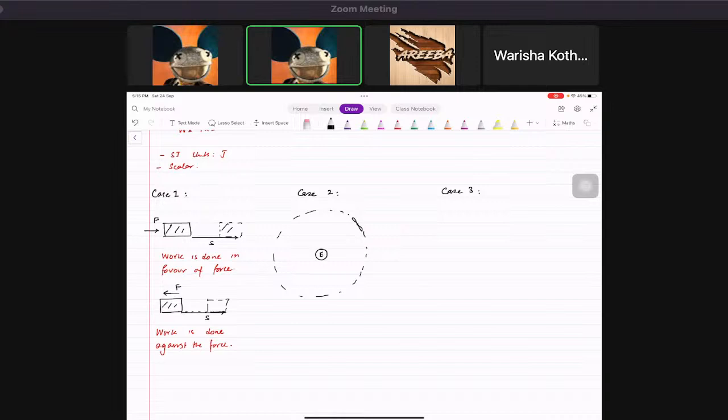Now because it is moving in this particular direction and the force is being applied towards this, here we could say that work done is 0. The reason is that it is not moving against or in the direction of force, so no work is being done, it's just rotating.